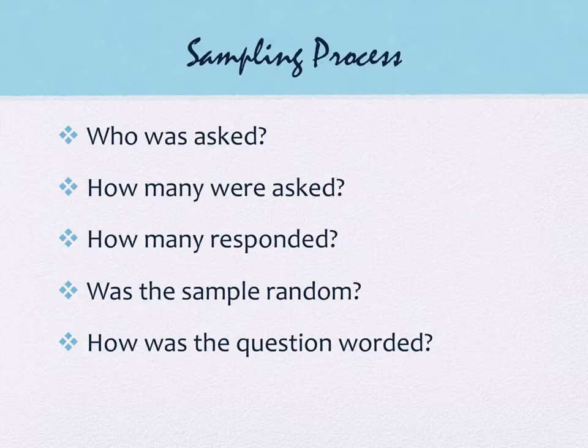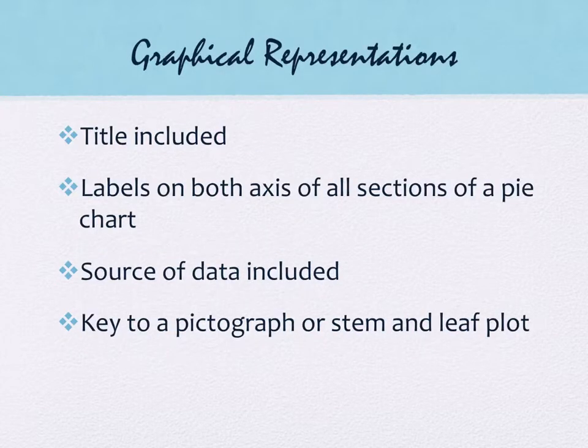Once you've collected the data, there are also potential issues in how you display it for others. That's our other one, which is graphical representation. We talk about making sure we have a title included. If you don't have a title, you may not actually be looking at what you think you're looking at, right? If I give you a grade distribution, how do you know that's a grade on a quiz or an exam or a final course evaluation grade?